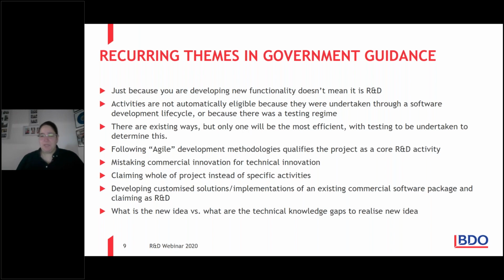Therefore, it can be tempting to use broad wording and try to get most of this work into the claim. You need to look at that broader project and break it down: this is the broad project we're doing, and here are the pockets of R&D that we need to pull out.